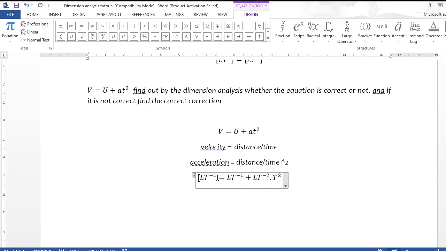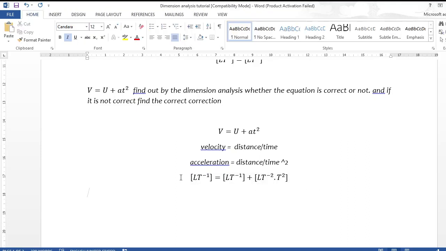So this is our dimension equation, which we have derived from that dimension formula. I hope it's simple now to find the dimensions. You just have to know the equation, then you substitute.